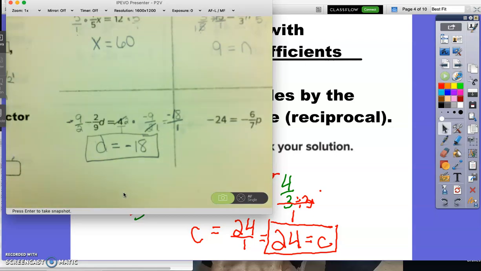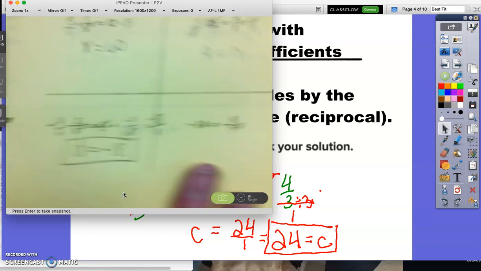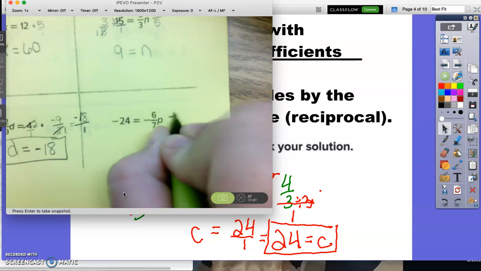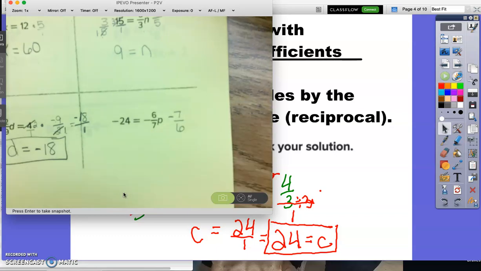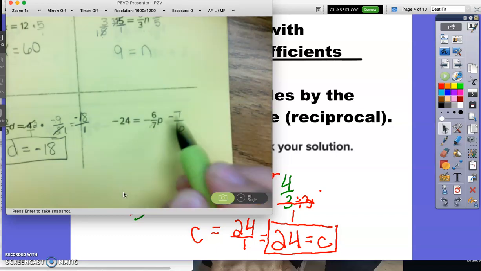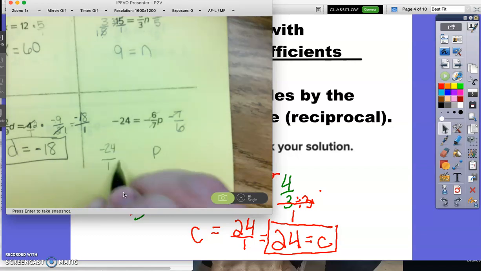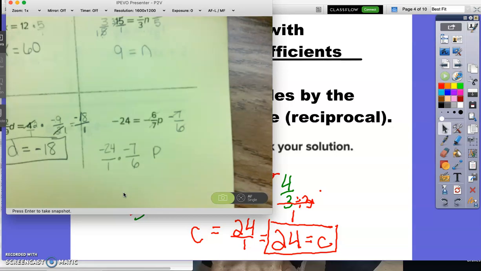Any questions so far? Multiply this by negative 7 over 6. Becomes positive. Negative 24 over 1 times negative 7 over 6. This is where I would simplify beforehand because the 24 times 7 I can't do mentally.